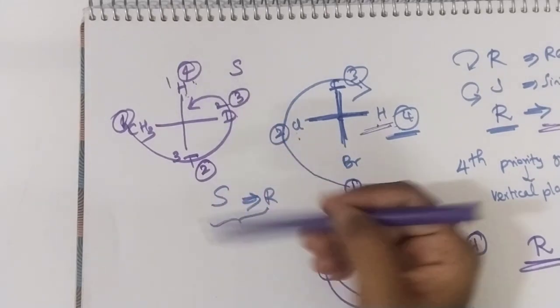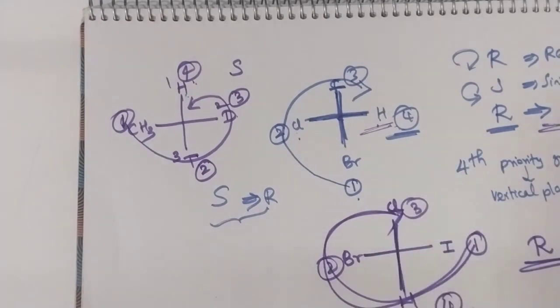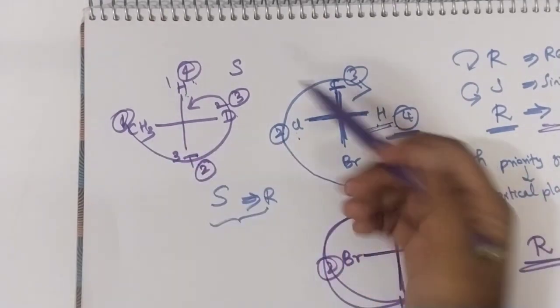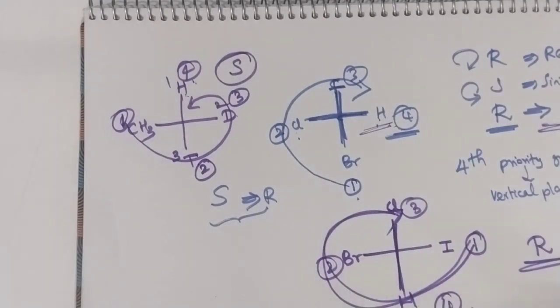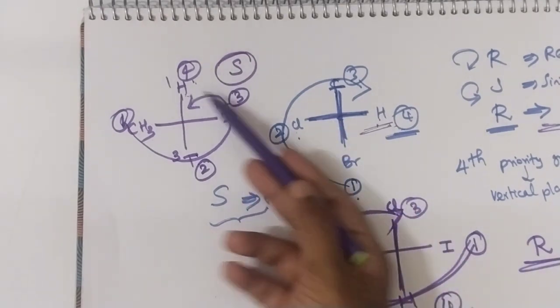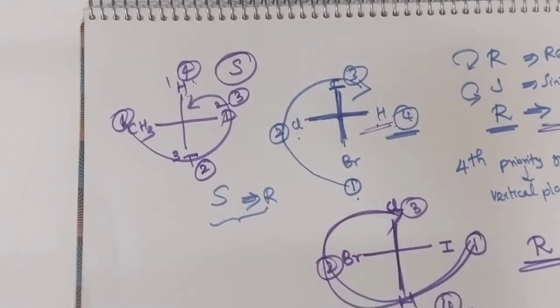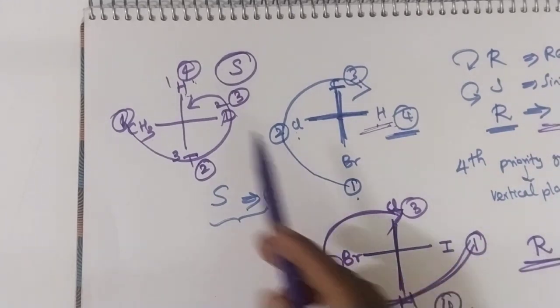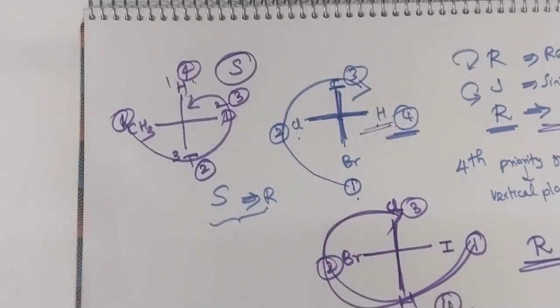The fourth priority group is present in the vertical line. No need to change the configuration. It is simply S configuration. If suppose the hydrogen is present in the horizontal line, then you have to change the configuration, invert it. But in this case, it is present in the vertical line. No need to change the configuration. Simply it is S configuration.